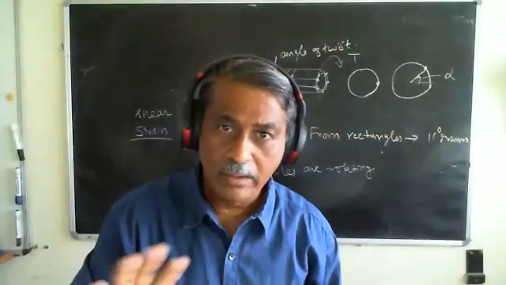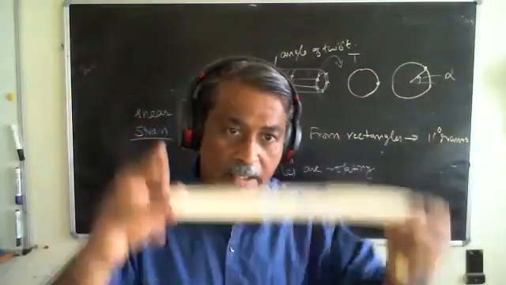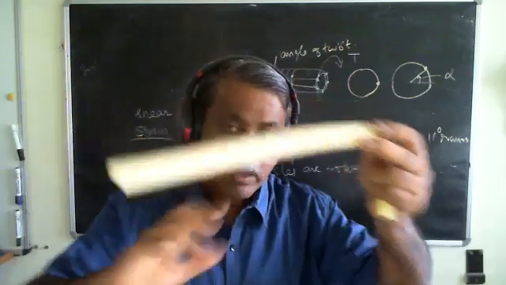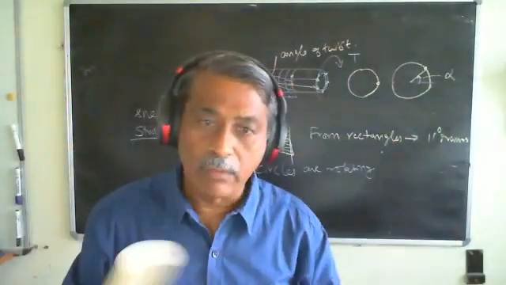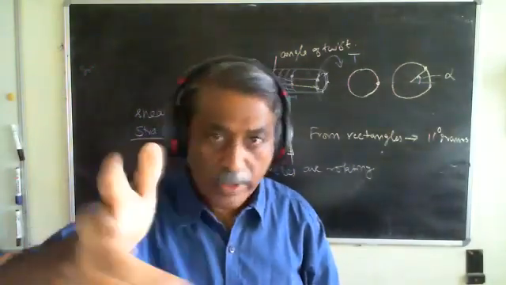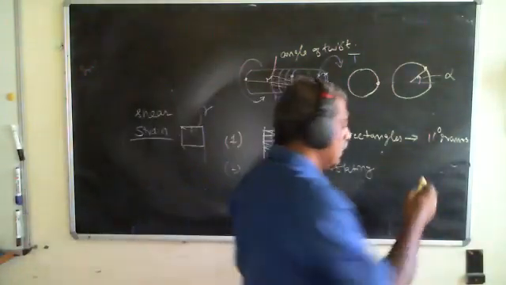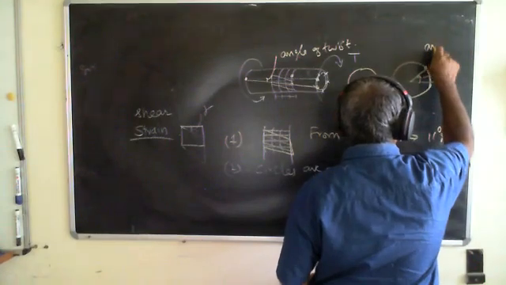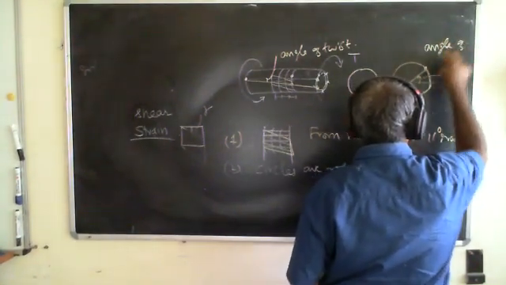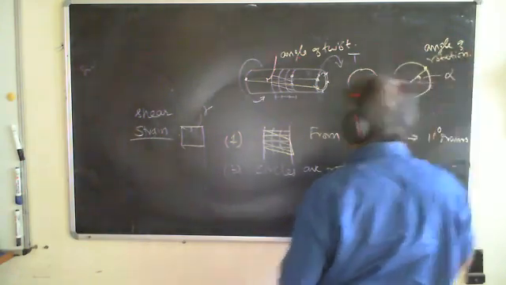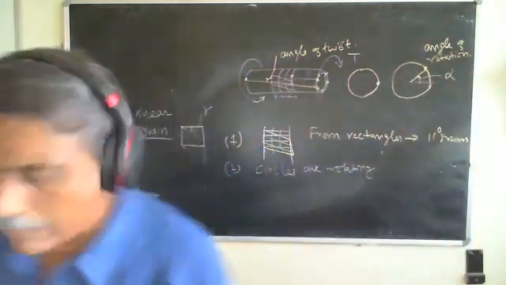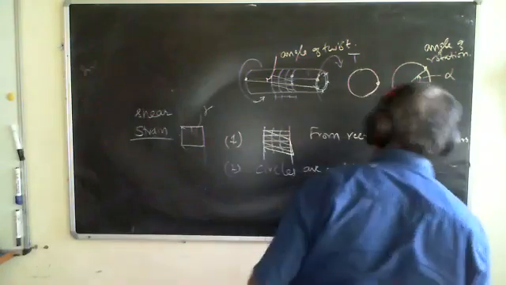Whether I take the long one or the short one, if the circle is rotated by alpha, then the angle of rotation is theta. Let me call this the angle of rotation. So angle of twist and angle of rotation are the same, but I'll come back to that later.